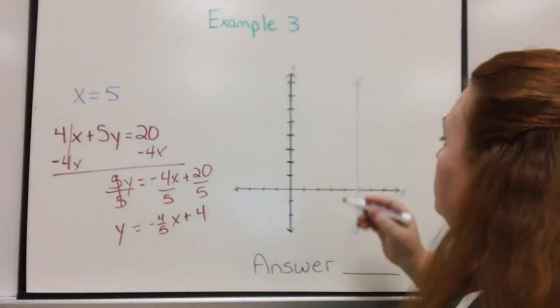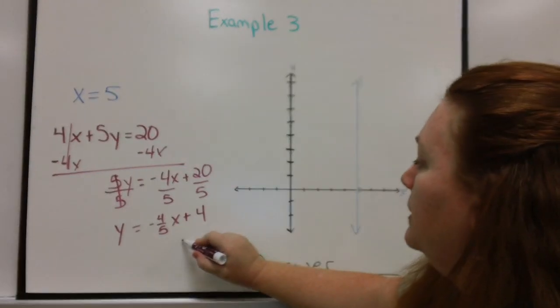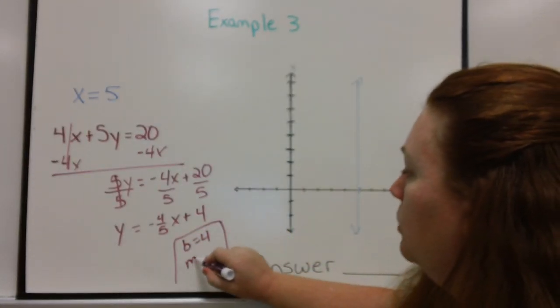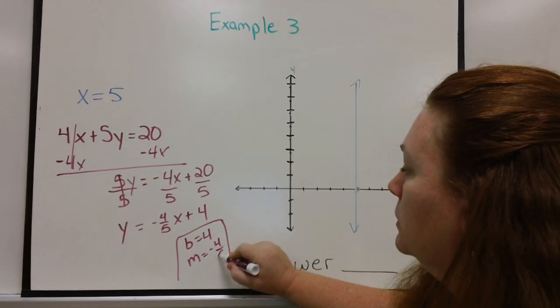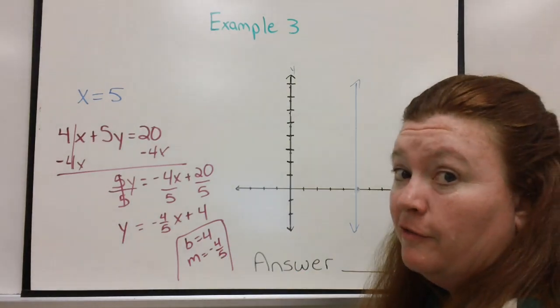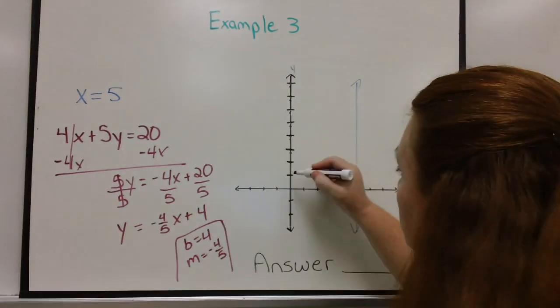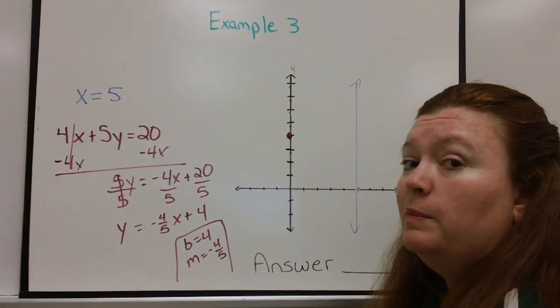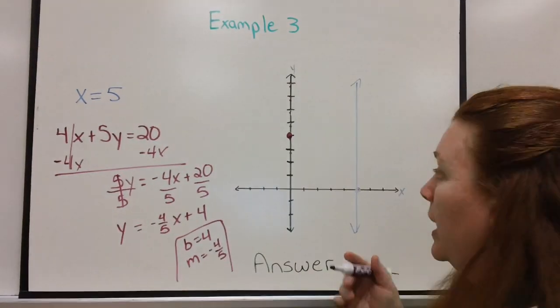Let's graph it. 4 is my b, or my y-intercept. 1, 2, 3, 4. My slope is negative 4/5. My slope is down 4/5.